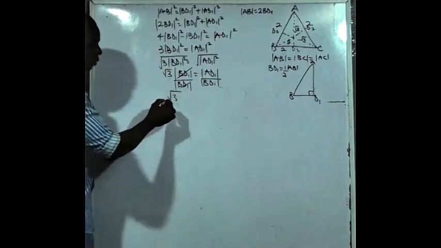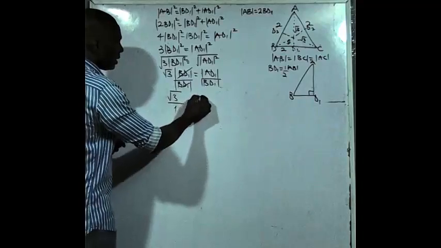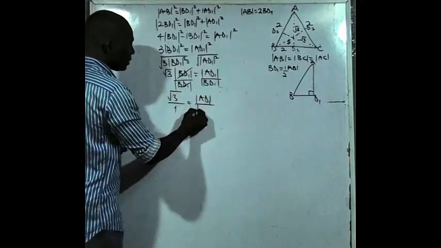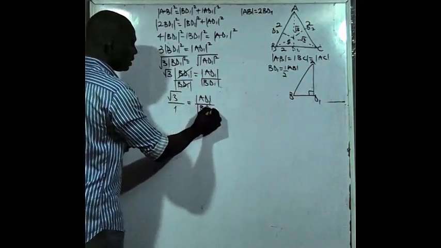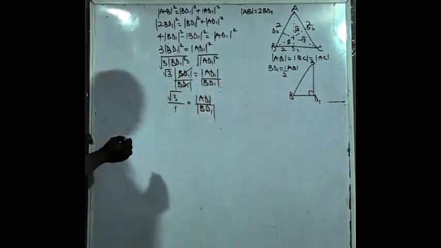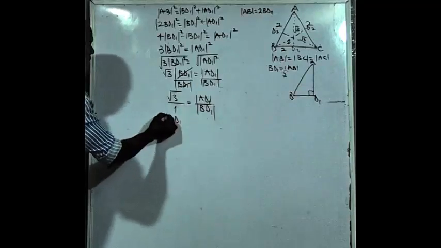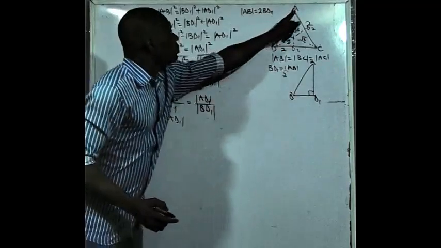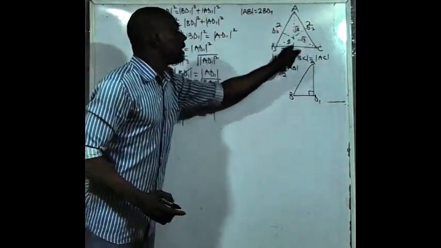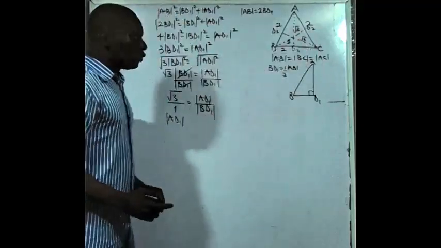Remember, we can also say that this is root 3 over 1 is equal to the line AD1 over the line BD1. Okay, so you can see clearly here that the line AD1, which is the altitude, that is the line from here to here, like we said, we want to show that this line, from here to here, or from here to here, are all root 3.